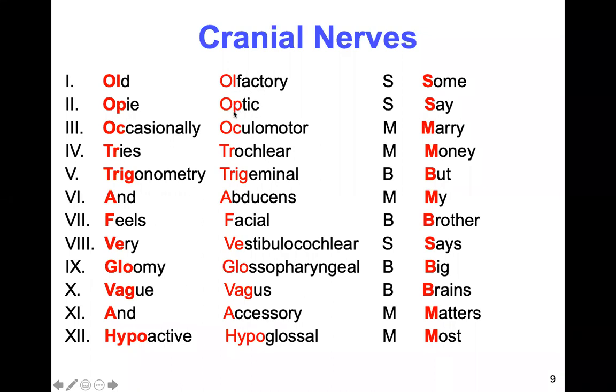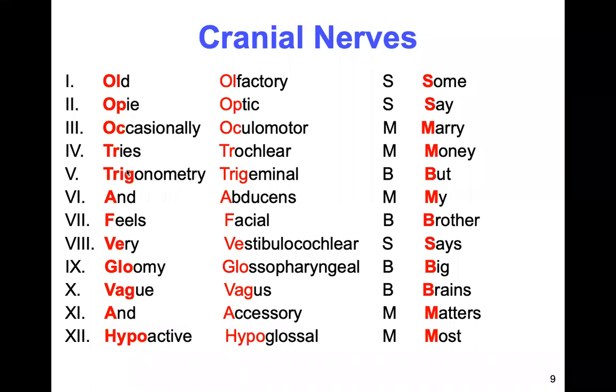Optic nerve for vision. Cranial nerve 3, cranial nerve 4, and cranial nerve 6, they all move the eye. The oculomotor nerve, the trochlear nerve, and the abducens nerve go to those 6 muscles of the eye. We covered them when we did muscles. They were the medial rectus, superior rectus, lateral rectus, inferior rectus, and superior and inferior obliques.